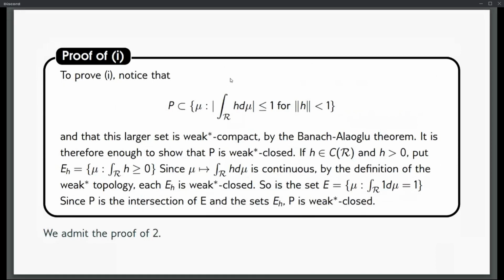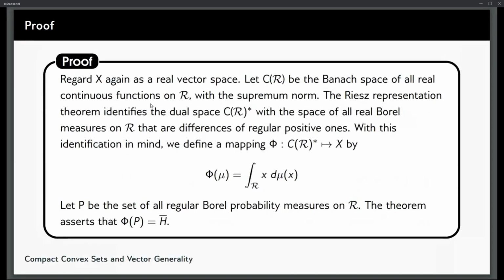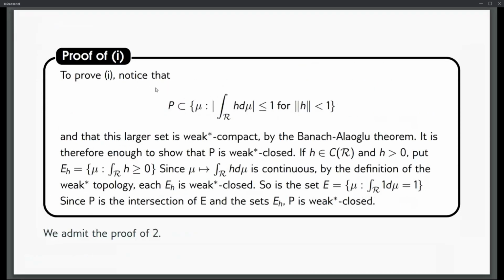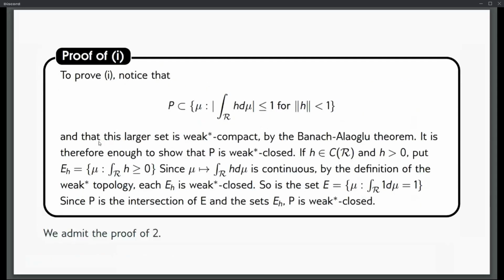So, to prove one, notice that P, remember, is the set of all regular Borel probability measures on R. P is going to be a subset of the set of mu such that the norm of mu is less than or equal to 1. And this norm makes sense over C(R), which we define here.